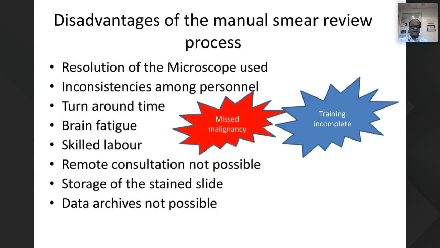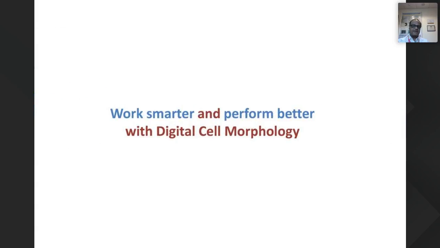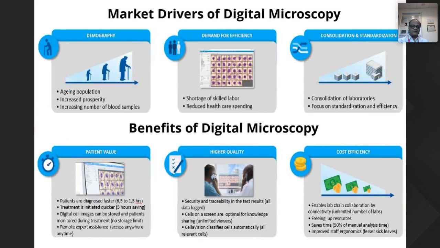Now let us go into detail about how we can work smarter in the scenario of digitalization of our laboratories. What are the drivers for digital microscopy? There are 6 points which we can take. Let us take the first one, which is very important: cost efficiency. What do you mean by cost efficiency?